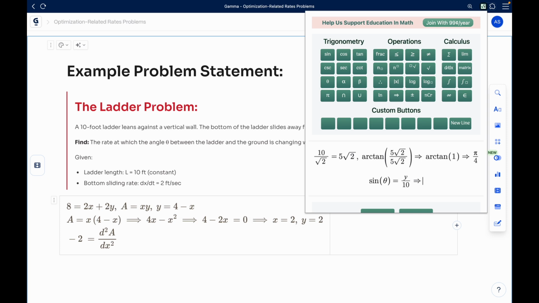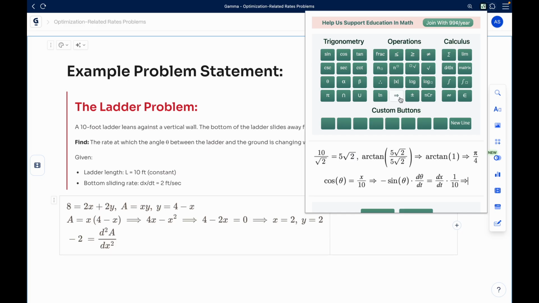Wait, sorry, it has to be x by 10, so it has to be cosine theta multiplied by d theta divided by dt, with respect to time, equal to dx divided by dt multiplied by 1 by 10.